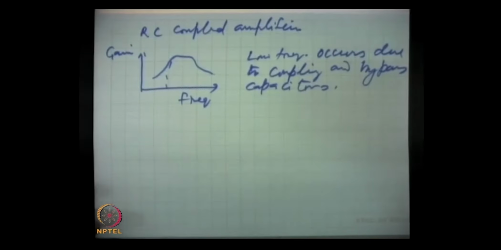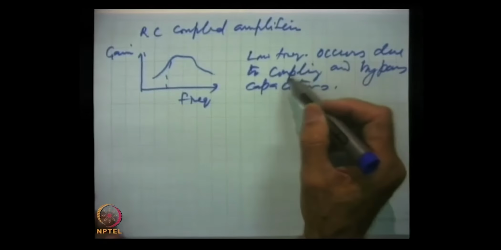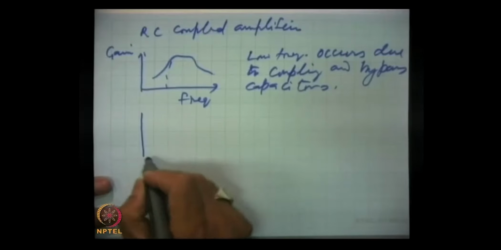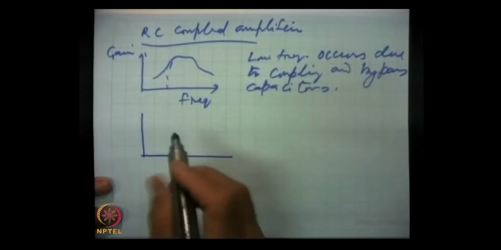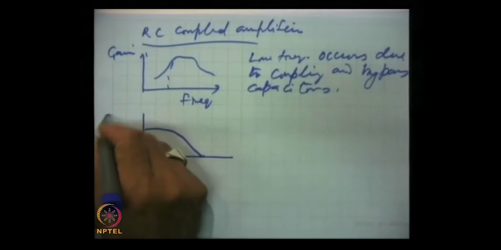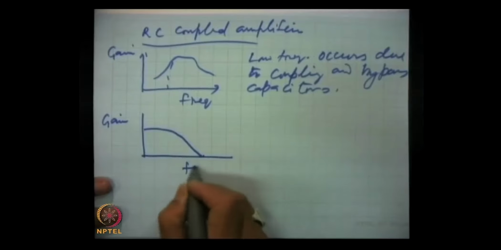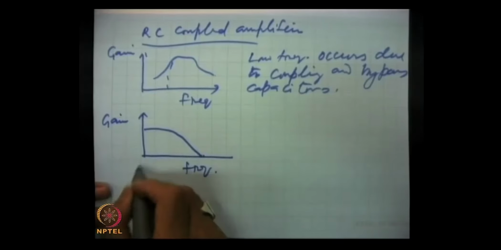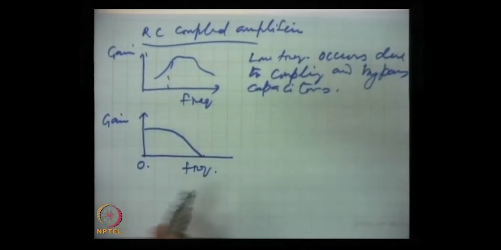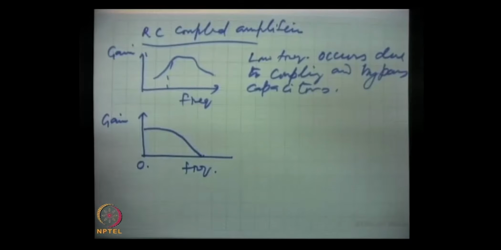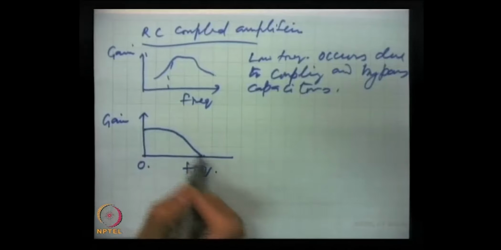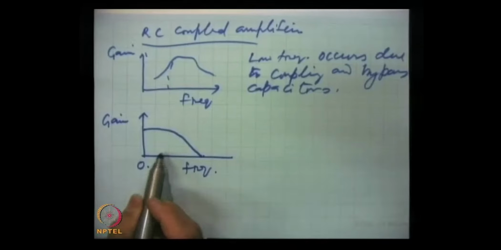In direct coupling, there are no bypass and coupling capacitors. So, this is the response for RC coupled, and for direct coupled the response is like this. This is gain, this is frequency, and this is 0 frequency. That means including DC, right from DC the amplifier will amplify signals, and this is the response for a direct coupled amplifier.